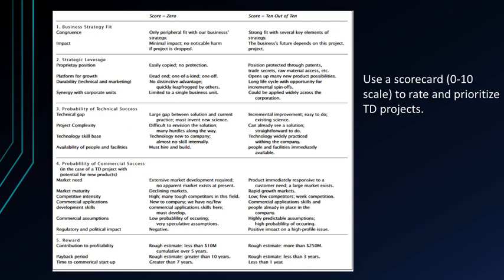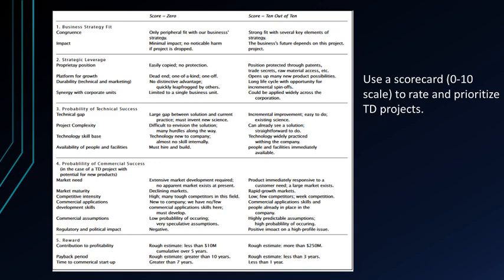Score 10 out of 10: strong fit with several key elements of strategy. This business future depends on this project. So I've shown you how easy it is to compare: if it was easily dropped, it will have no impact on the company, or if it is extremely valuable to the company, very early on in the decision.